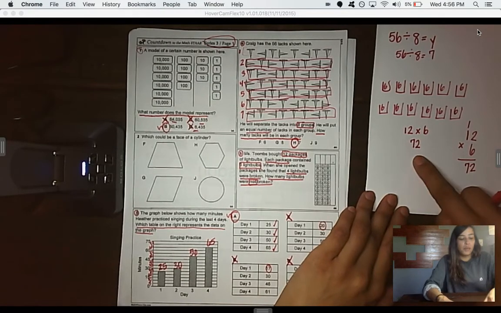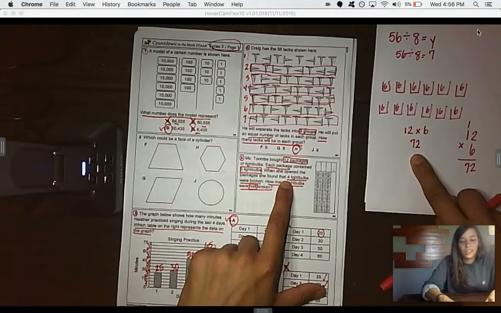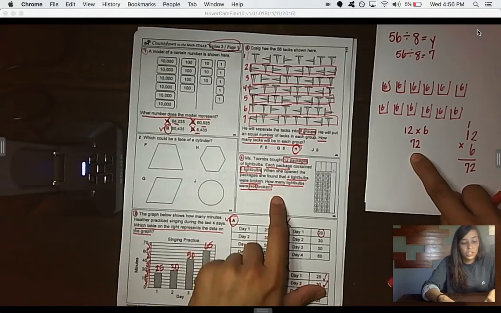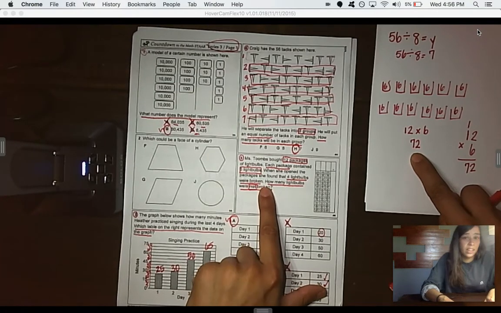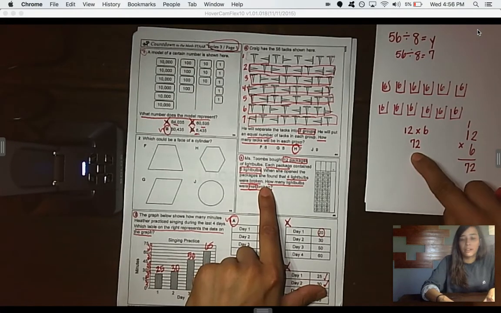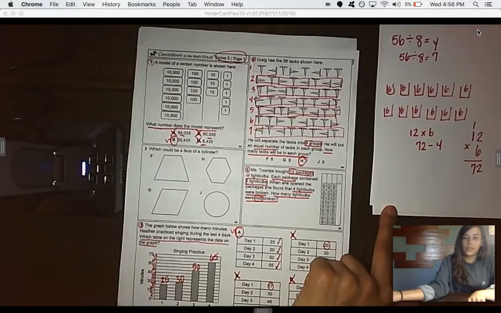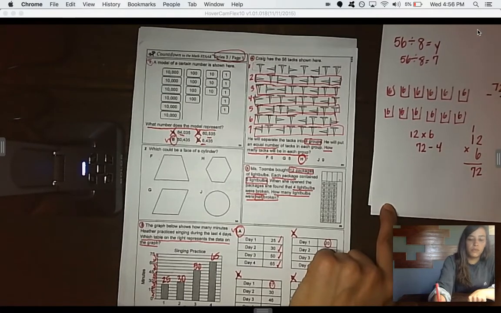But then she found that 4 light bulbs were broken. You need to think, are we going to add or subtract the 4 light bulbs that were broken? The question is, how many light bulbs were not broken? So let's take away the broken ones to figure out how many are not. We have 72, take away 4. Let's go ahead and stack our numbers. 72, take away 4.